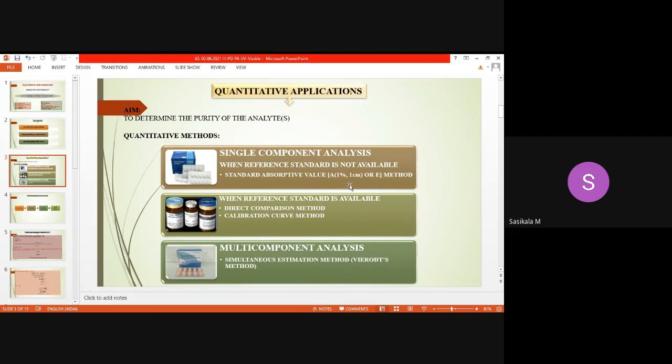No two components have the same absorptivity value, since all molecules have different molecular weights, and from the molecular weight the absorption coefficient is calculated for the A 1% 1 centimeter value. This is how the first method is followed when a reference standard is not available. For single component analysis, the first method we use is the IP method, the Indian pharmacopoeial methods or assays for UV visible spectrometric analysis.